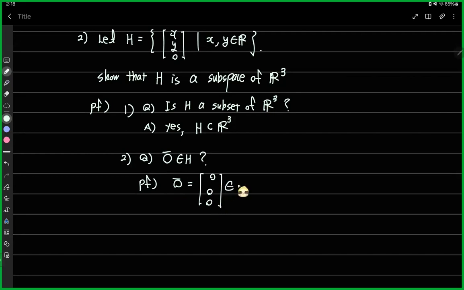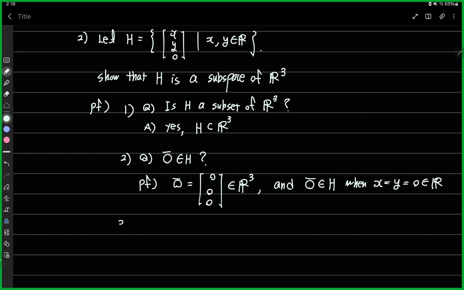Like this, it is in R3. And the zero vector is in H when x and y are equal to 0, right? This is a real number. So when x and y are 0, then x, y, 0 is going to be the zero vector, and the zero vector must be in H.